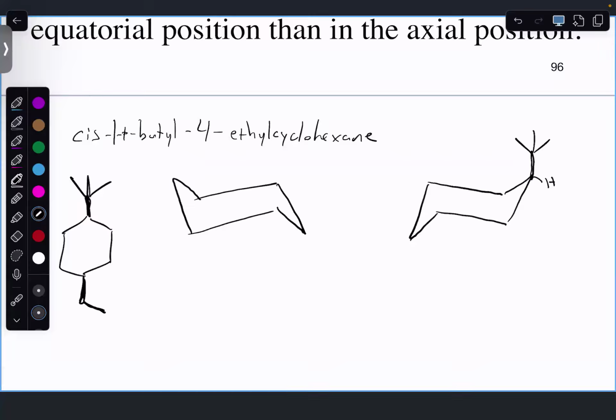And then I come over to C4, and the ethyl group is cis. So if the tert-butyl is going up here, the ethyl group needs to be going up there.